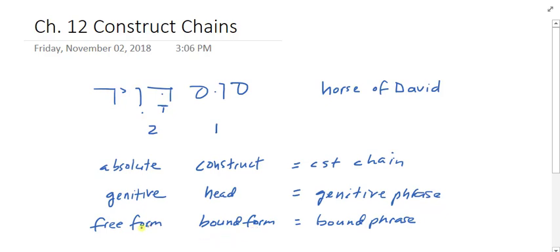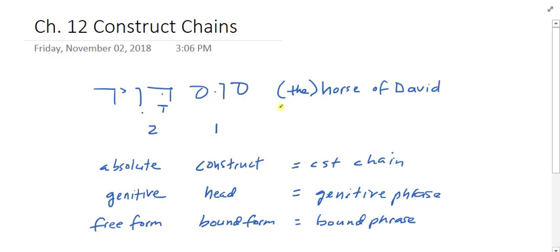Thing 1 has been bound to thing 2 in an inseparable unit where the two of them have to function together as a single unit. Okay? So, we have Sus David, horse of David. In a little while, we're going to see that in an expression like this, even though I don't have the article on Sus, I could still translate this as the horse of David. So most of the time when we have a construct chain, we're going to insert the English word of between thing 1 and thing 2.